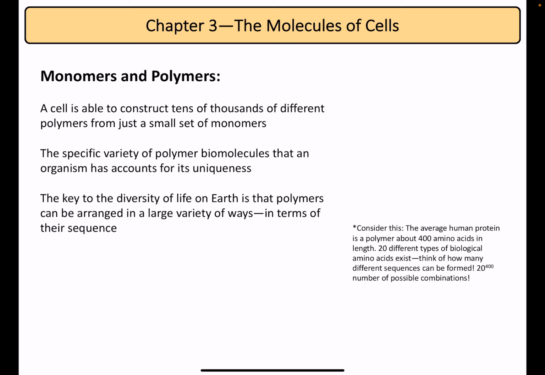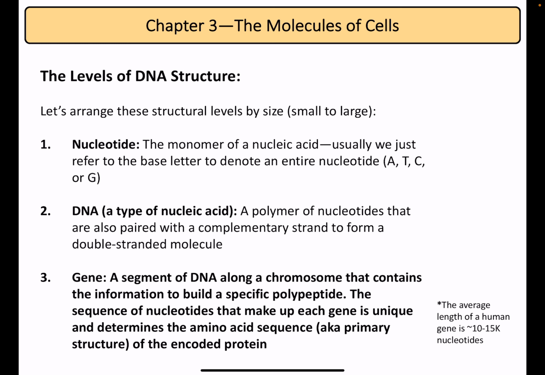But you can put them together in so many different orders when you construct them into chains that the types of polymers you can build is almost endless. And that's why you have crazy differences like gills and feathers and scales and skin. And these are different proteins that arise from different polymer sequences.